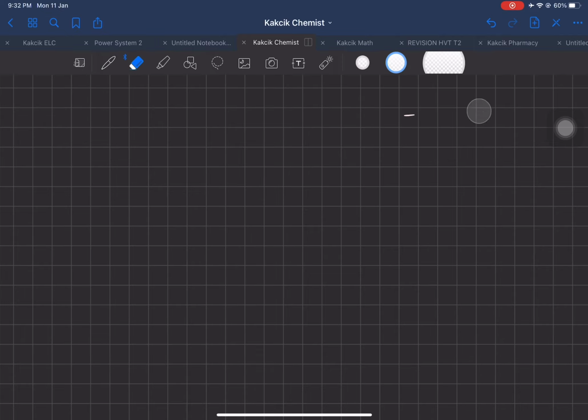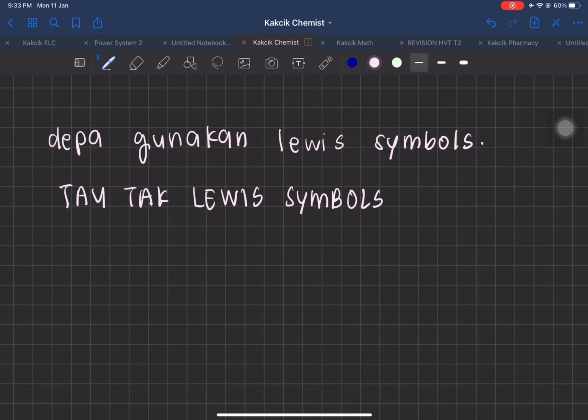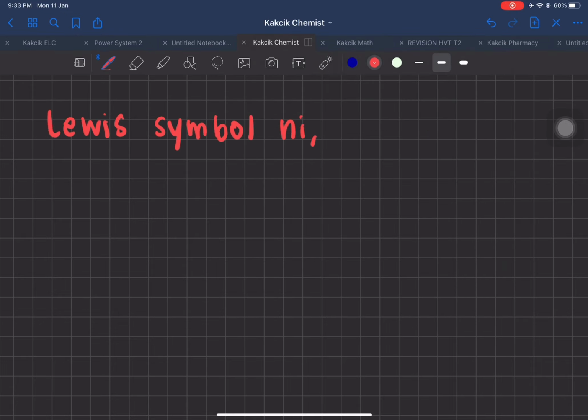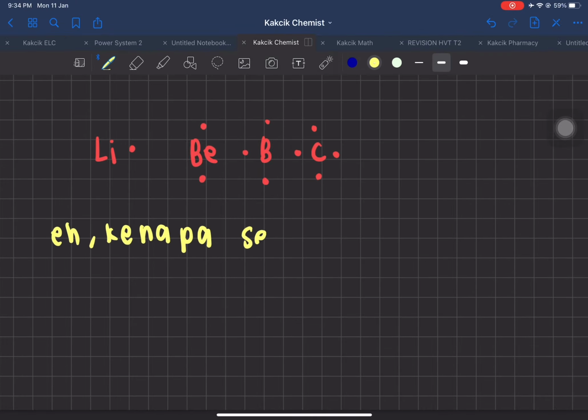Okay, so macam mana dia buat tu? They started to use Lewis symbol. Okay, tahu tak Lewis symbol ni apa? Okay, Lewis symbol is those dots, those double dots or single dots like this. Lithium. So lithium have one valence electron, so the dot is one. The dot is equal to those valence electron.